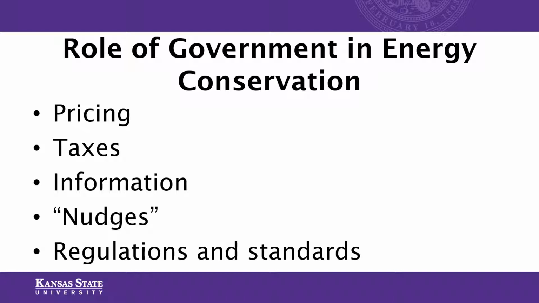And countries or states that have successfully reduced electricity use have done so through a variety of different government policies and practices, which I've listed here. There's a lot of debate among economists and other people about which is most effective, but these are some of the most standard and agreed upon things. And the first thing is we've got to get the price right.